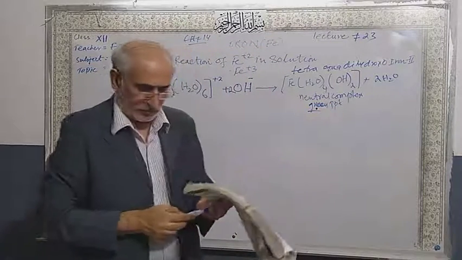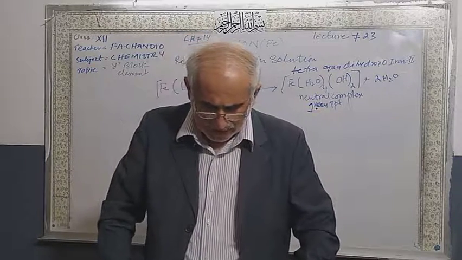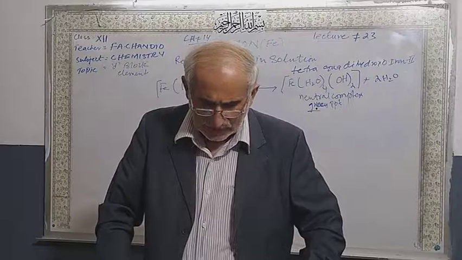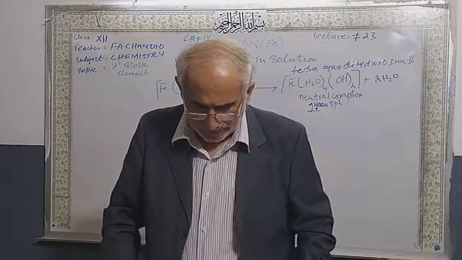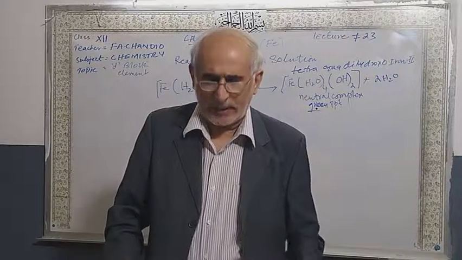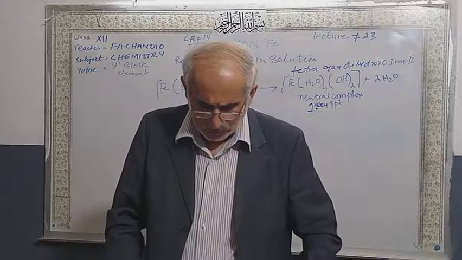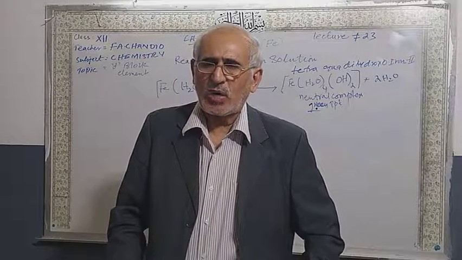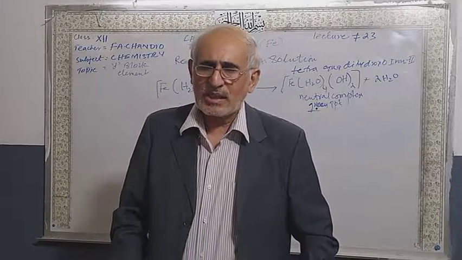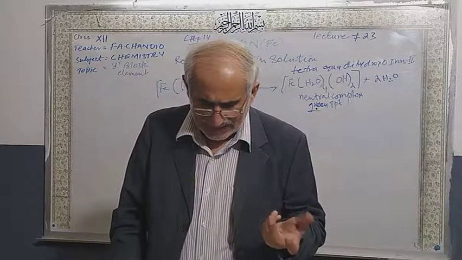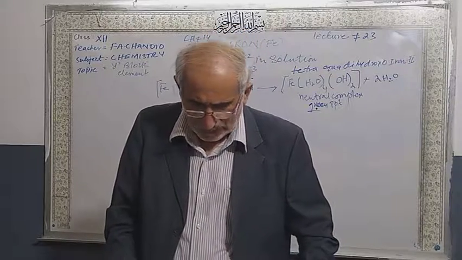See in your book. Hexaaquairon 2 is a pale green, a very light green that you are seeing. Then you add sodium hydroxide according to page number 83. It changes into the tetraaquadihydroxoiron neutral complex, and you will get a gelatinous green precipitate.